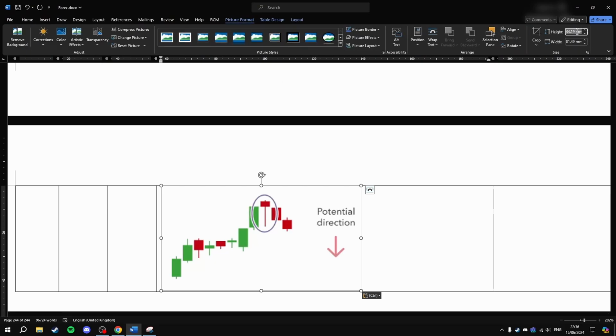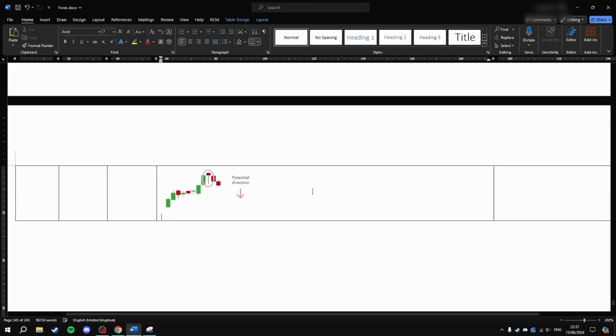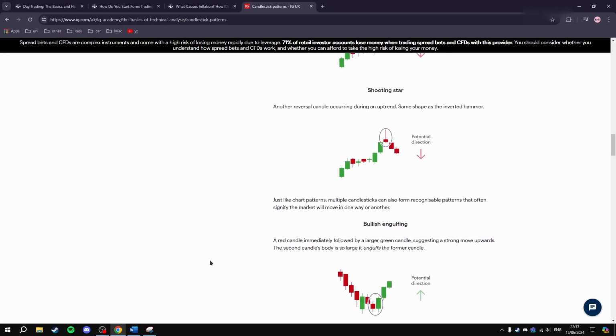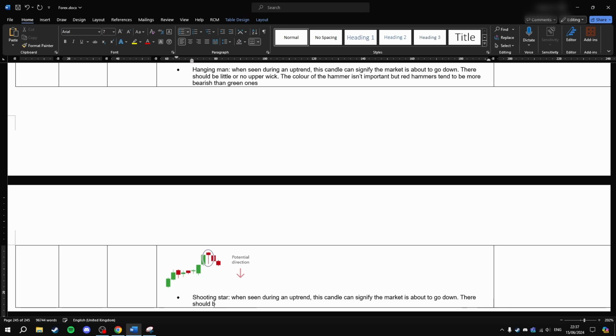Shooting star. Seen during an uptrend, this candle can signify the market is about to go down. There should be little or no lower wick.